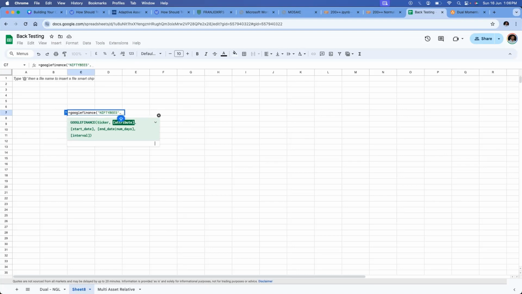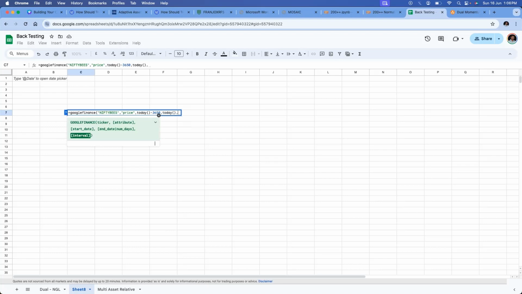The attribute here is the price. So automatically the price that you get is nothing but the closing price of that ticker, and you give the start date. So since I'm going to take 10 years old data, what I'm going to do is I'll say today minus 3650, which means I'm taking data from 10 years in the history till today.